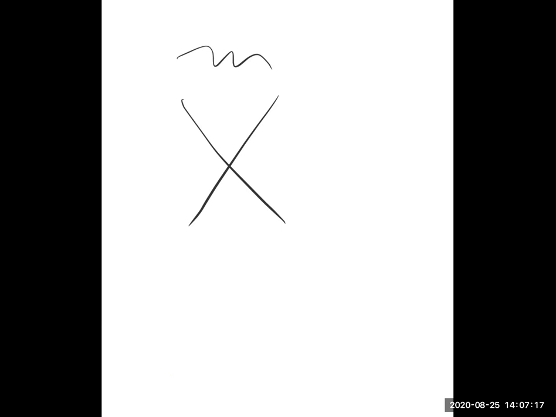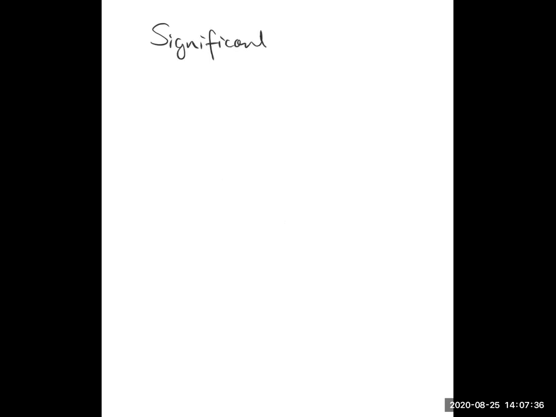All right. So I want to talk about sig figs today. And let me erase my little thing here. All right, drawing. Okay. So let's talk about sig figs, significant figures. Okay, all we're really talking about when we talk about significant figures is what is measured, okay?